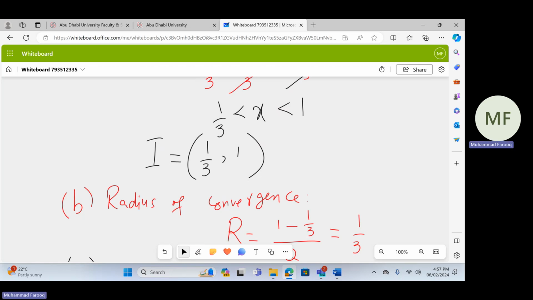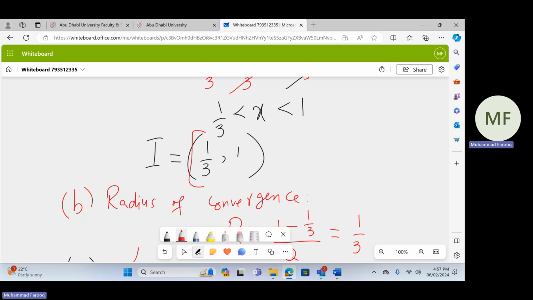Okay, now one more question. For example, in part C, we check, of course, 1/3. If at 1/3 it converges, what changes in the interval? Closed. Yes. When you make the calculation and find that at 1/3 the series converges, you go back to part A and make it closed.